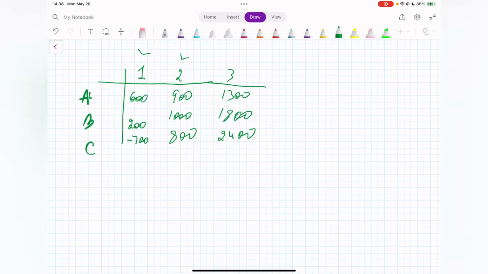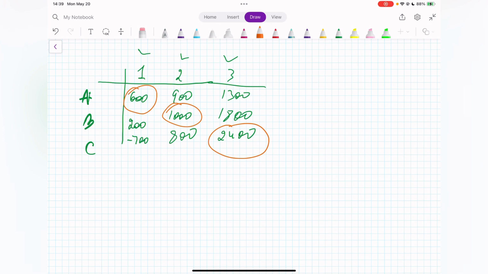I'm going by column. The best payoff for demand 1 is 600. The best payoff for demand 2 is 1,000. For demand 3, it's 2,400. Now I'm going to subtract each actual payoff in the column from the best payoff in the column.